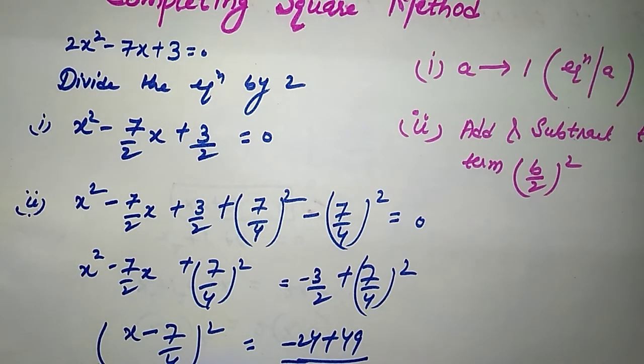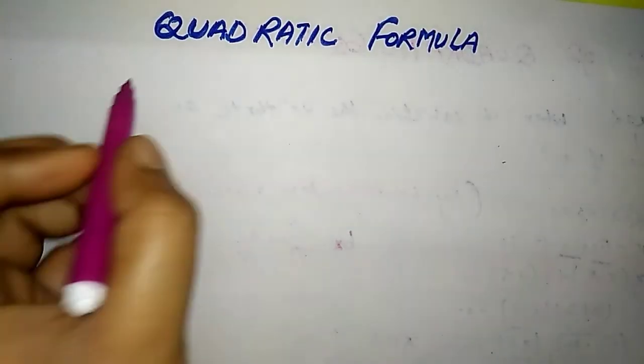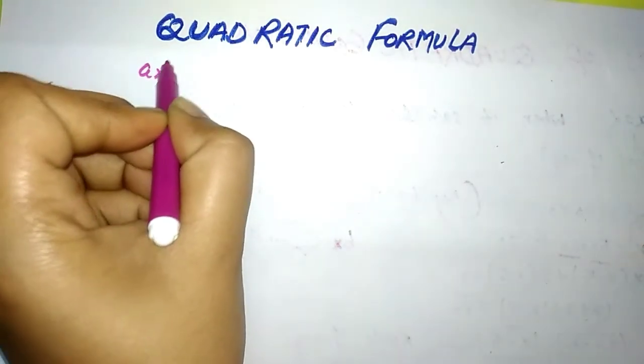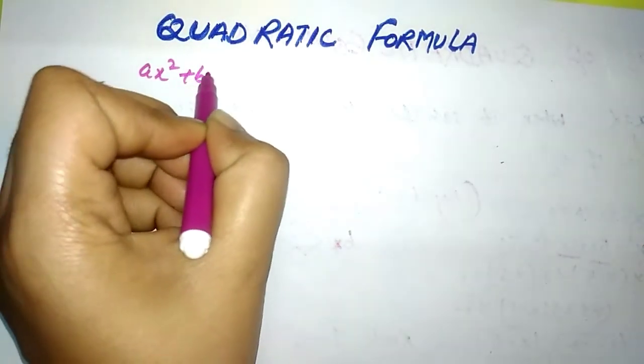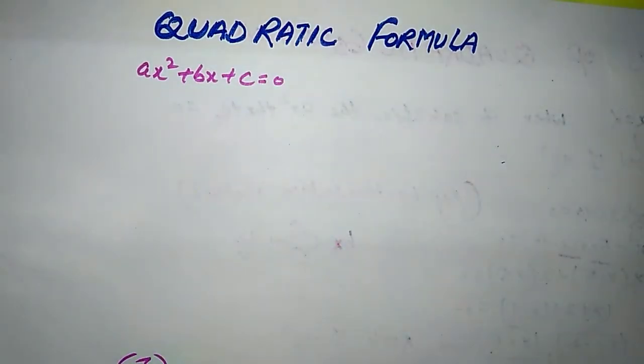Now next we discuss the quadratic formula to find the roots of a quadratic equation. In the quadratic formula, if we have the equation ax square plus bx plus c is equal to 0, this is the standard quadratic equation.